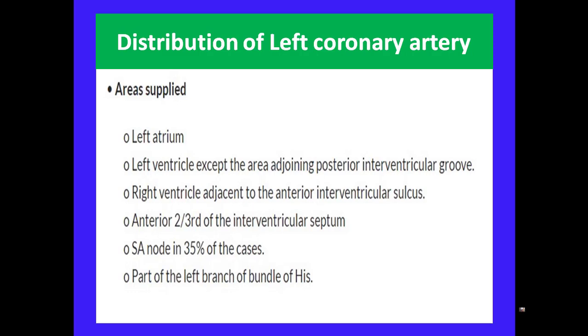But recent studies have confirmed that in a very small percent of cases, the SA node receives blood supply from both the right and left coronary arteries, thus has dual blood supply. The left anterior descending coronary artery supplies part of the right bundle branch. It also supplies part of the left bundle branch.